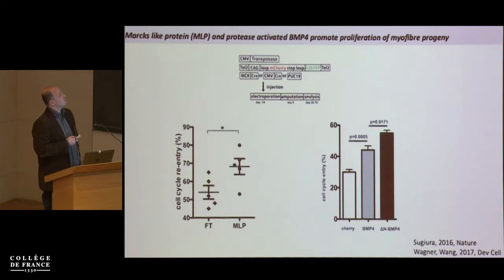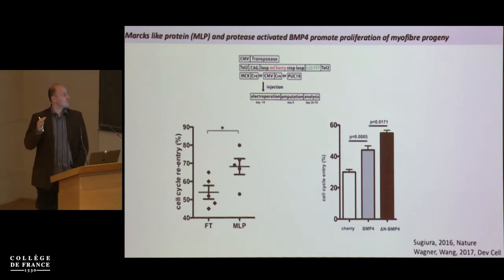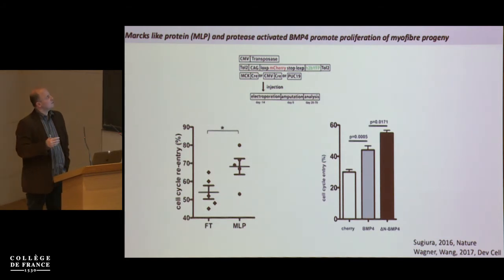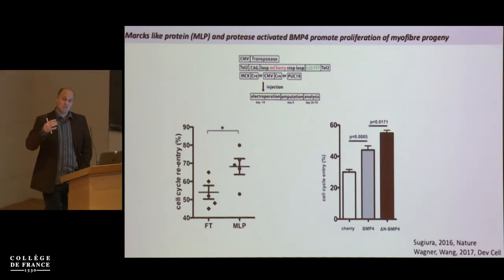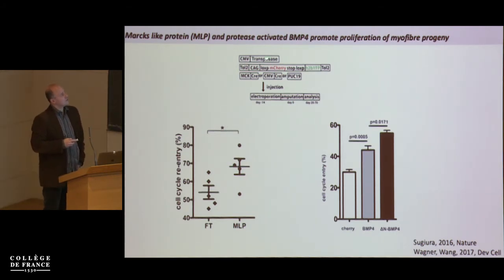One is a Marx-like protein, which is a very interesting case because in most species it is not secreted, but in salamanders it is a secreted molecule. And the other one is a protease-activated fragment of BMP4.